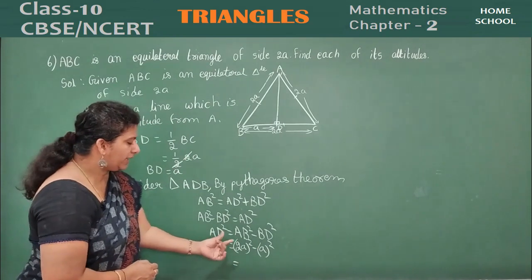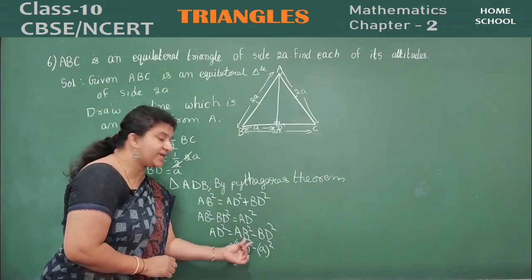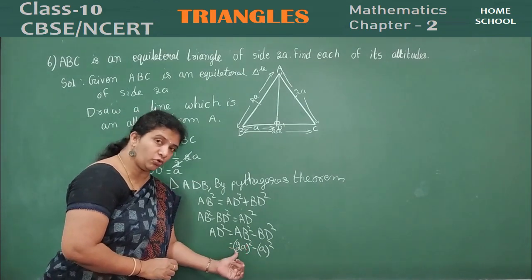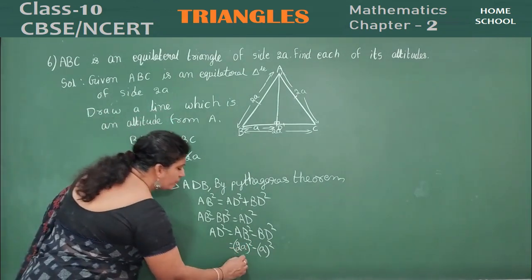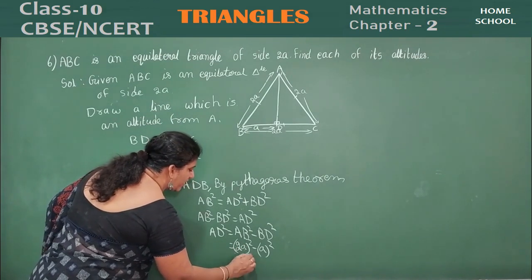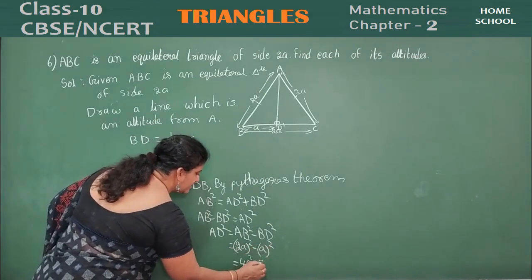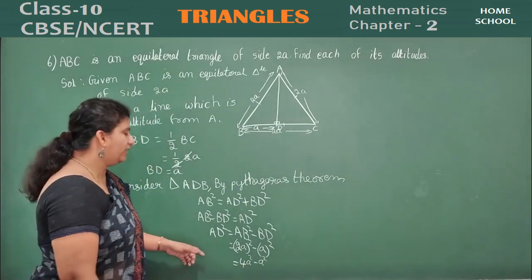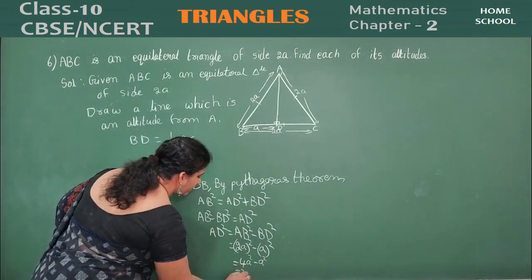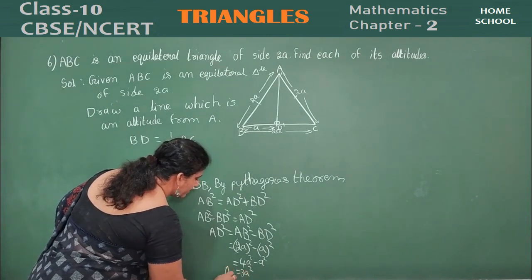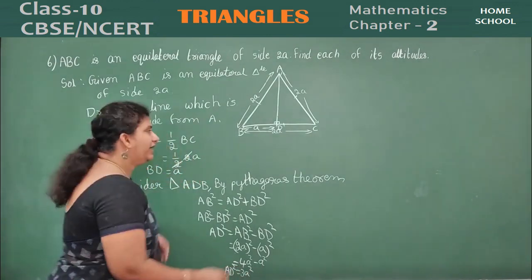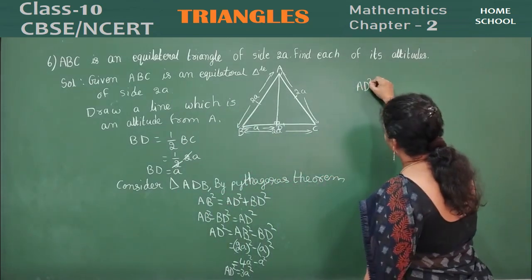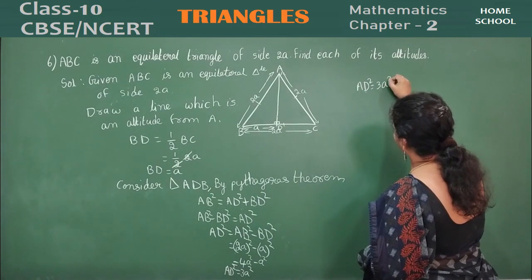If you don't keep brackets, what happens? 2A square: the square is applied only to A, but the square is for 2 also. 2 twos are 4, A into A is A square, minus A into A is A square. 4A square minus A square will be 3A square. So look here, AD square is equal to 3A square.